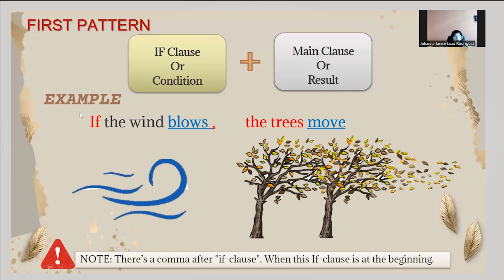This is the if clause, the condition, comma, then I write the result. The trees move. When the if clause is at the beginning, if I say first my condition, I need to put a comma between the if clause and the main clause. Don't forget.